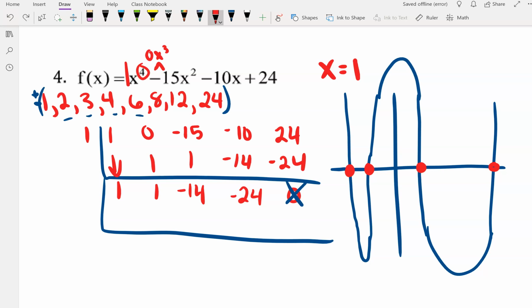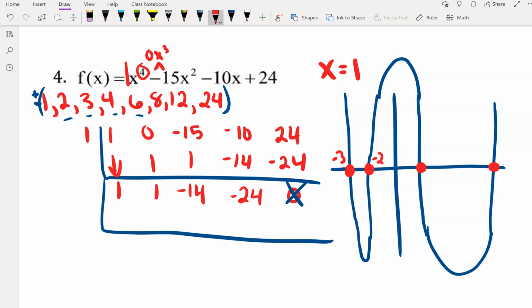Okay, so we have 4 solutions, and we can look at the graph and see where those solutions are. When I use my little cursor on my graphing calculator, this looks like it's around -3. This one looks like it's around -2.